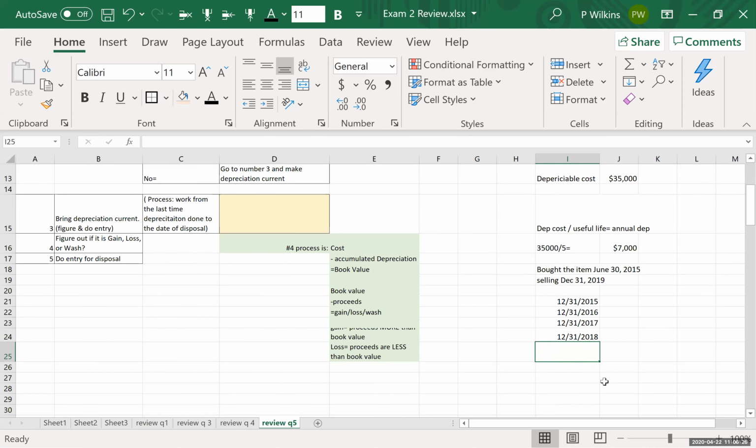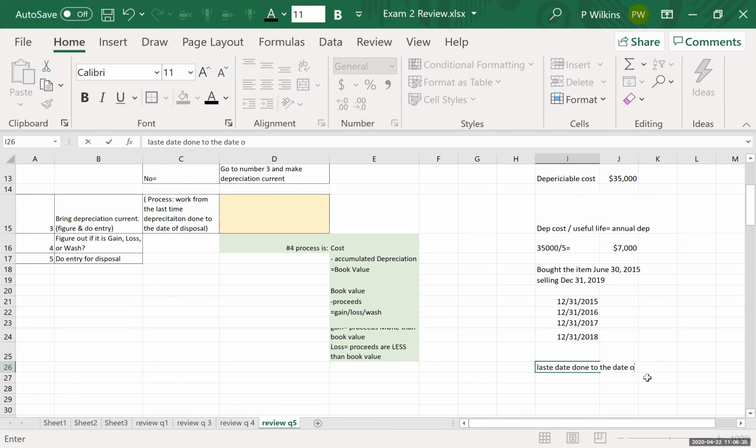So what we have to do is, it's not current, so now we have to go from the last date it was done to the date of disposal. The last date was 12/31/2018, right? Date of disposal is 12/31/2019.